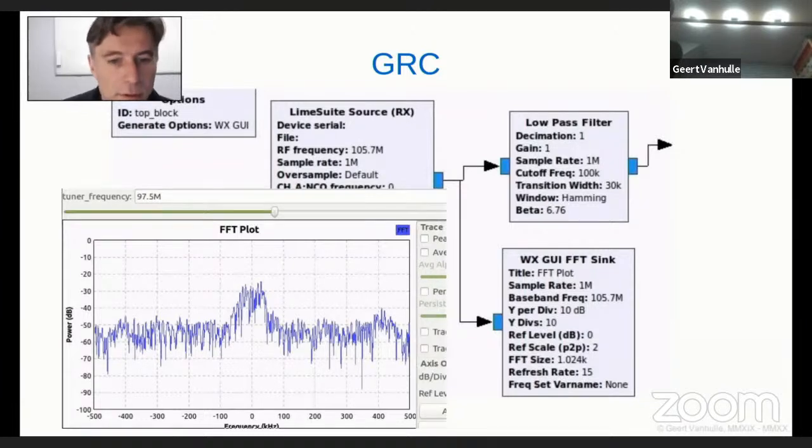The result here is the spectrum, and it's tuned exactly here to a radio station at 97.5. And what we see here, an FM radio station in the radio band, is typically 200 kilohertz of bandwidth.